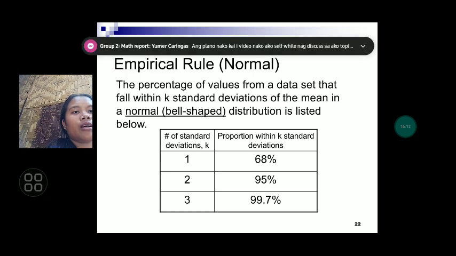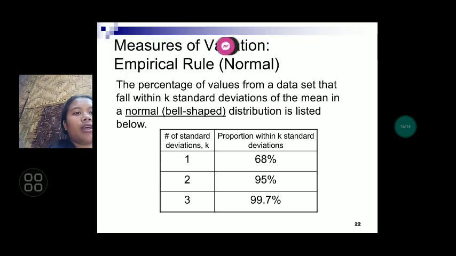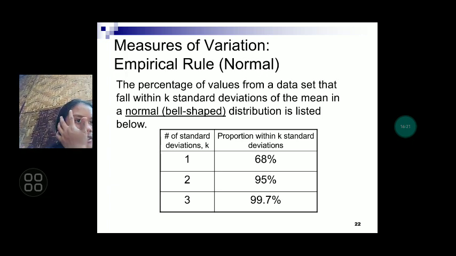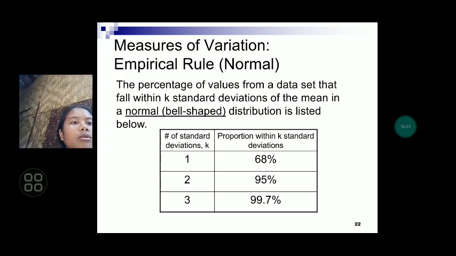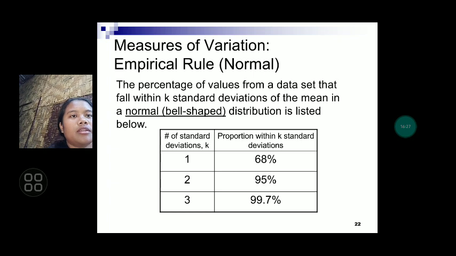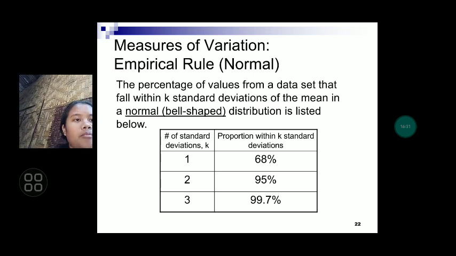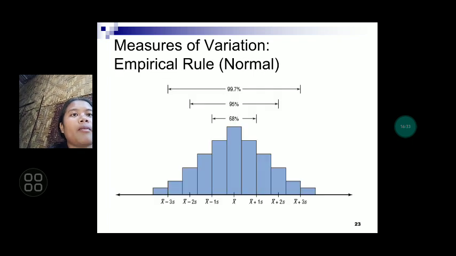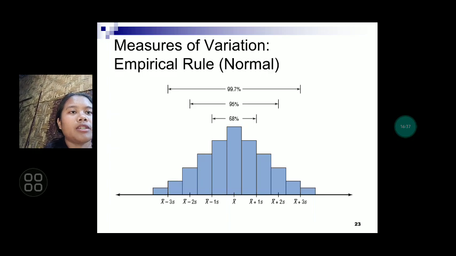For 1 standard deviation, the proportion is 68%. For 2, it is 95%. For 3, it is 99.7%.